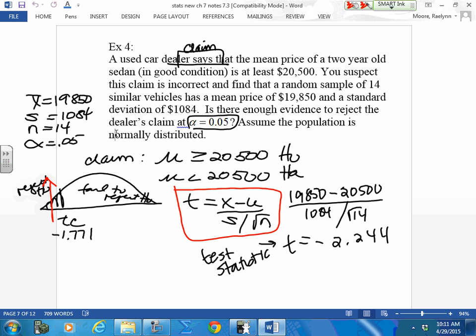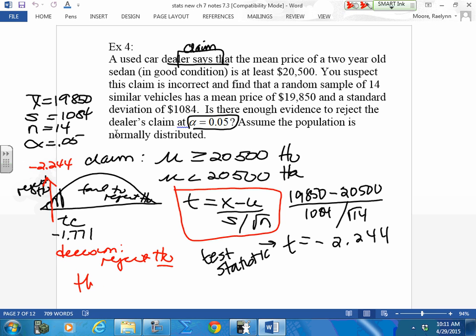Here, and I want to see you put it here. So your decision is reject what? Reject H0. Now, I'm rejecting this. I don't like this. I'm going to have to go with this guy. But I have to follow my chart. My claim is the null statement. I'm rejecting the null statement.